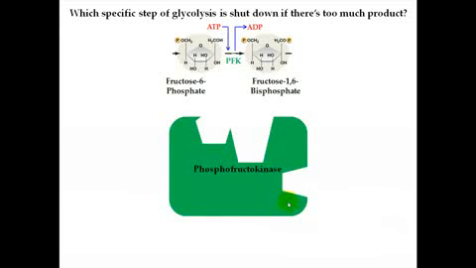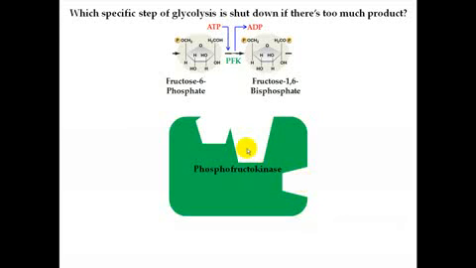So again, ATP can bind to both the active site and to the regulatory site. It turns out though that the active site has a higher affinity for ATP as compared to the regulatory site. In other words, there's a lot higher chance that ATP will bind here than it will bind here.